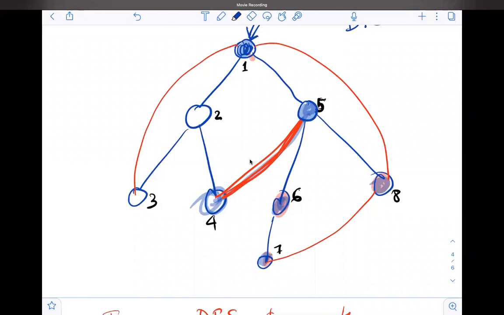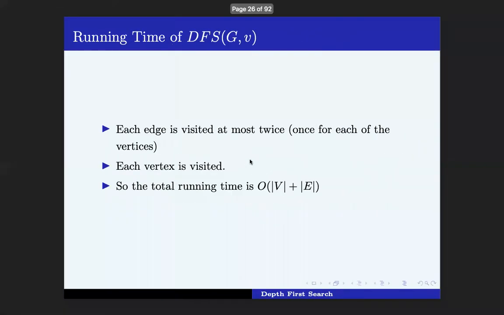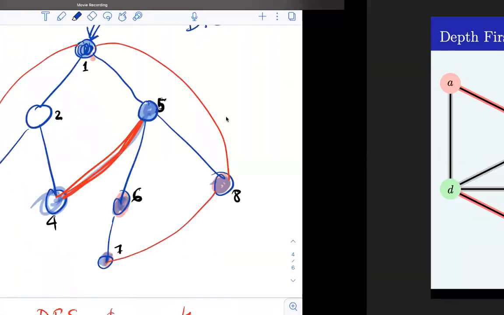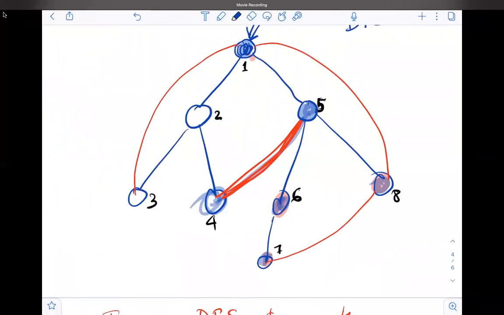The whole graph consists of the red colored edges and the blue colored edges, both. The blue edges are the DFS tree. Here the red was the blue, and the blue was the red. Yes, I got that part.